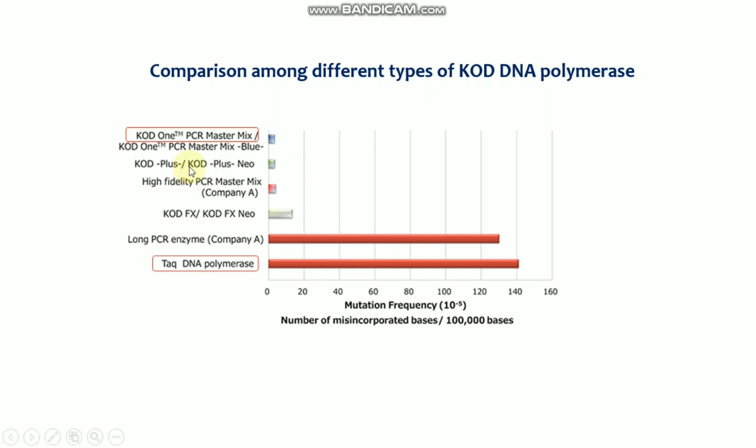Although the other products of this series are also pretty good, KOD1 is the most efficient compared to the other KOD DNA polymerases.